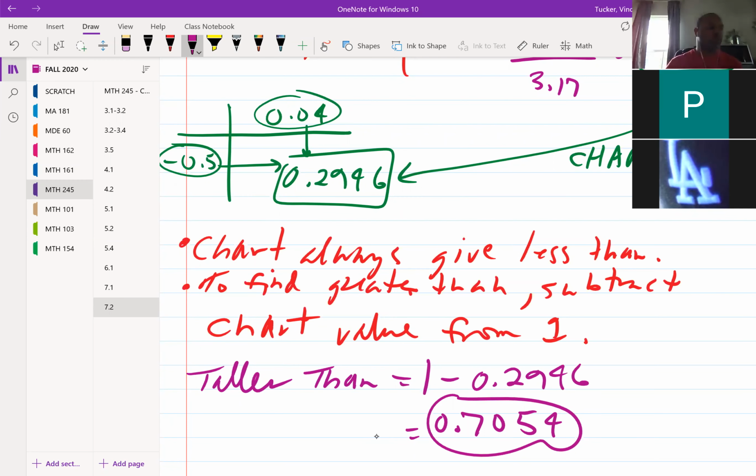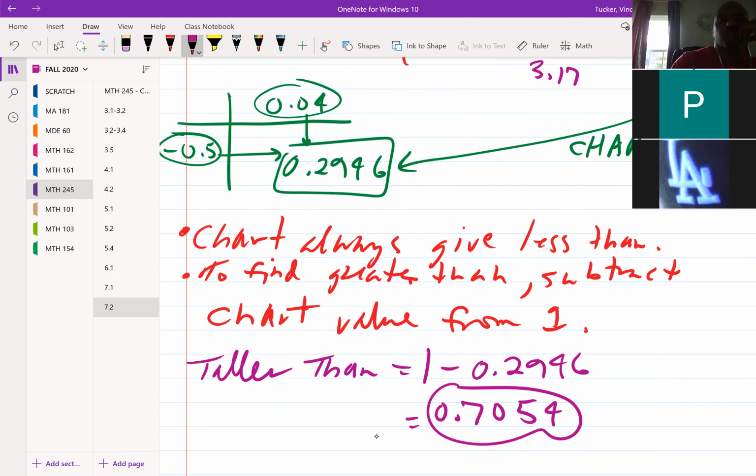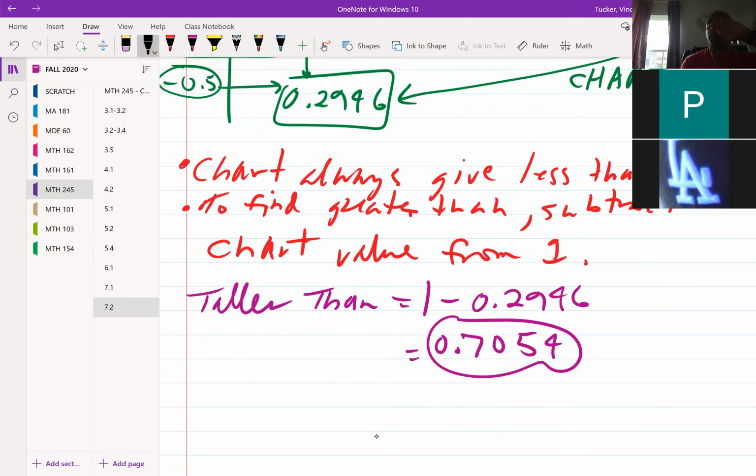So that would be the probability of randomly selecting a girl that is taller than that 37 inches. All right. Questions.